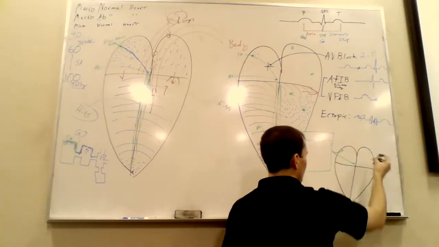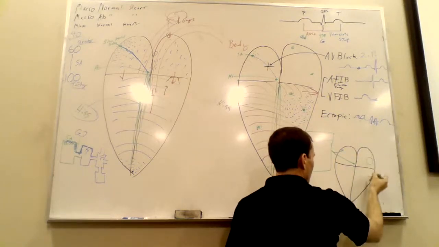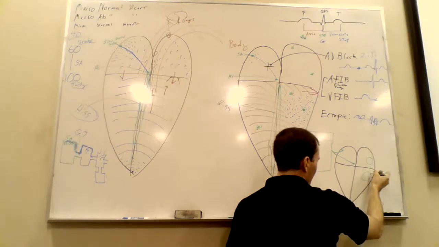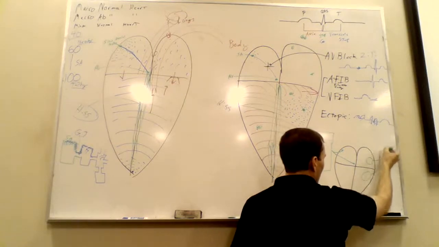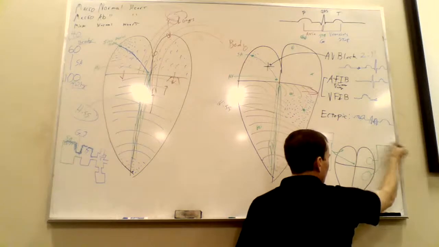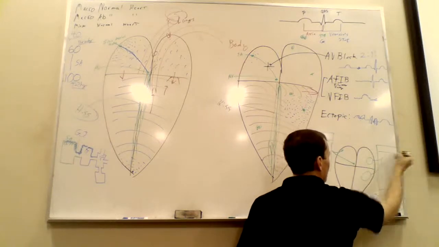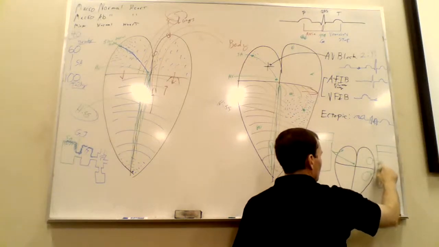So we'll put them over here. And then we have atrial muscle or ventricular muscle, and they also look basically the same to each other.